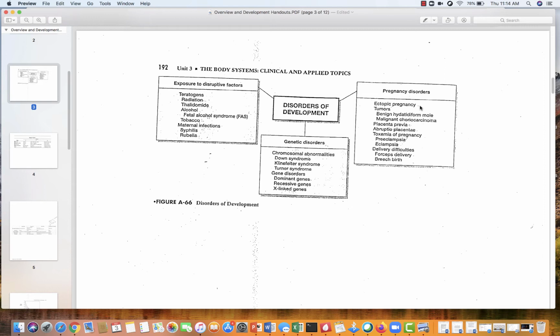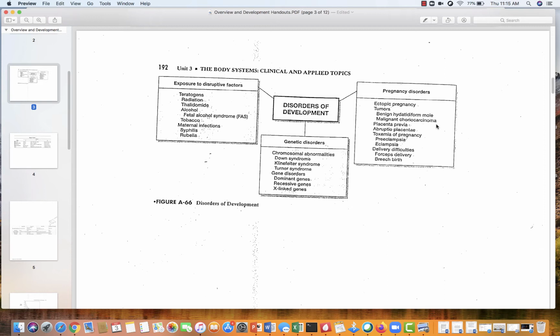Okay. Also, another pregnancy disorder is the development of tumors. One type of benign tumor is the hydatidiform mole, which is a molar pregnancy. That's basically a rare mass that forms inside the womb. Okay, eventually that benign tumor can become malignant choriocarcinoma.